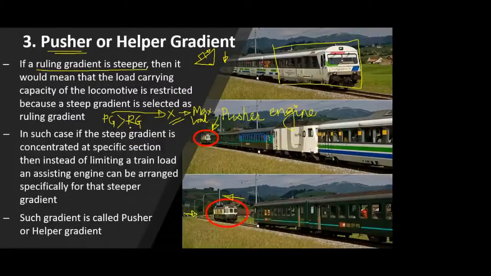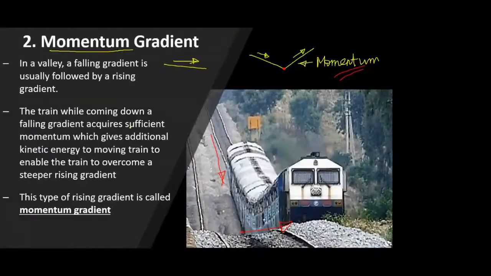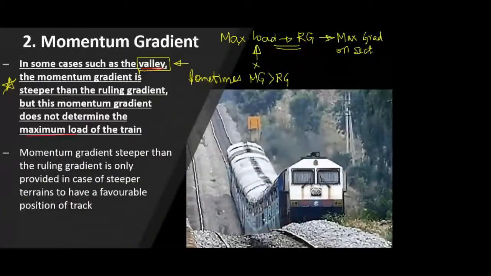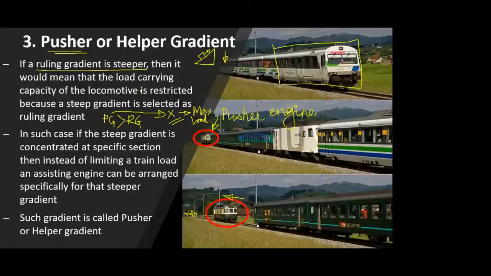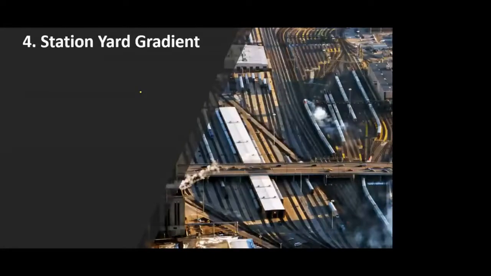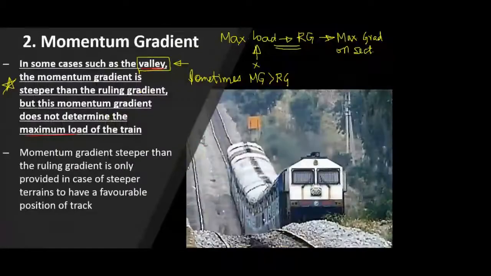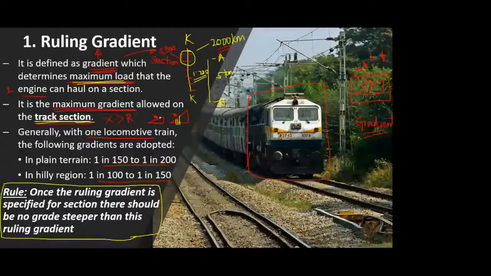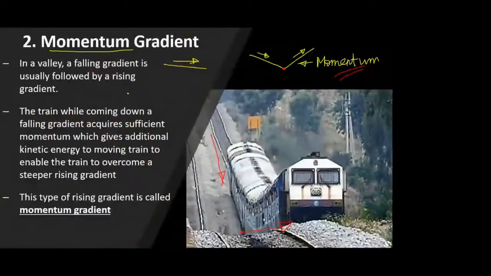The only gradient which is used for determining a maximum load is the ruling gradient. So on this thought, I'll leave it to you for today to understand these three types of gradients. Tomorrow, I'll be covering the fourth type of gradient, that is the station yard gradient, and also I'll be trying to give you a virtual demo about this ruling gradient and these other types of gradient.